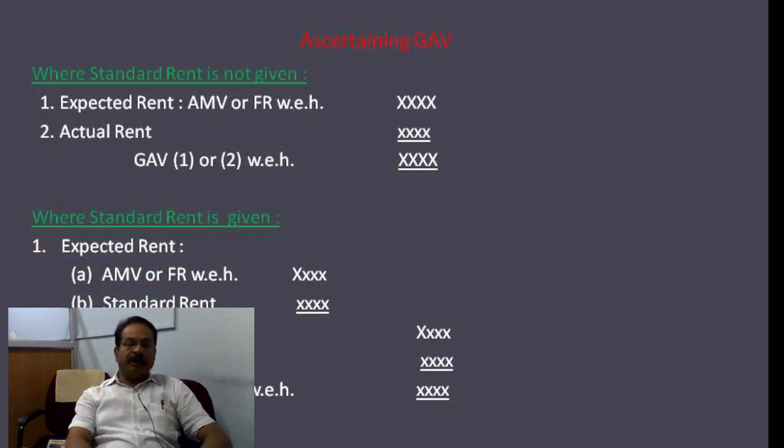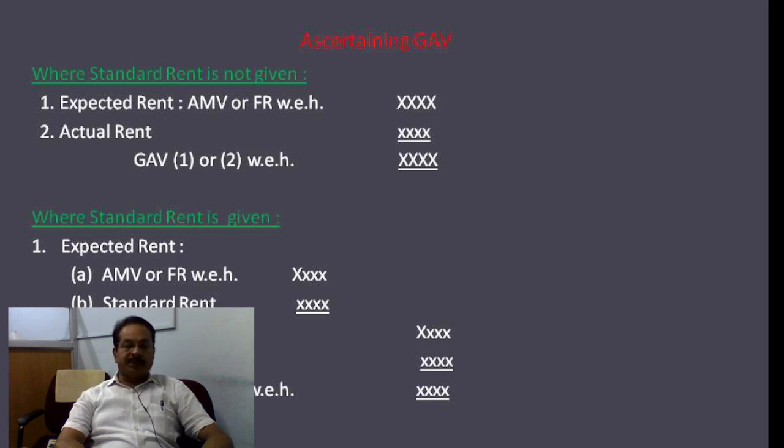Now look at how to ascertain the gross annual value of let out property. Again, there are two circumstances. One is where the standard rent is not given, and the second situation is where standard rent is given. So in the problem, if a standard rent is not given, then how we have to ascertain the gross annual value?